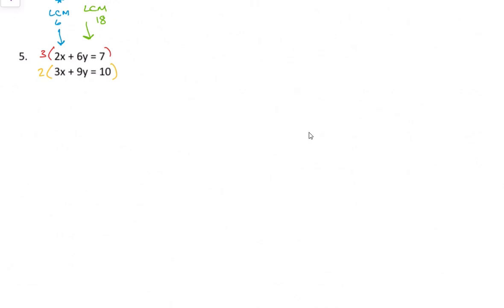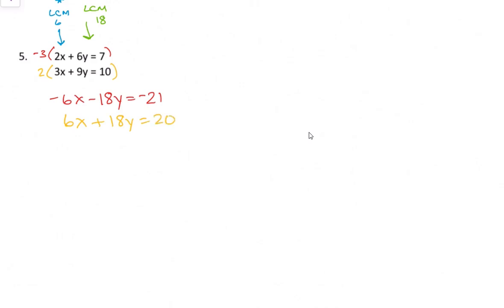And this time I am going to have to throw in a negative on one of those because I need the signs to be opposite. So if I multiply that top equation by -3, I'm going to get -6x minus 18y equals -21. And if I multiply the bottom equation by 2, I get 6x plus 18y equals 20.